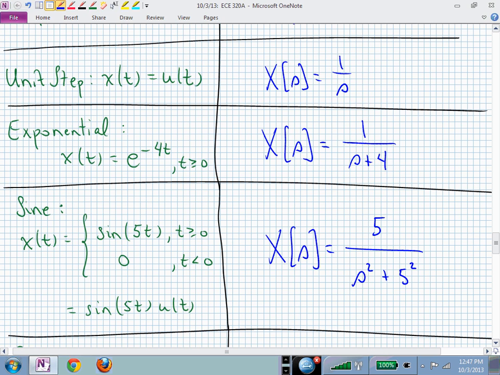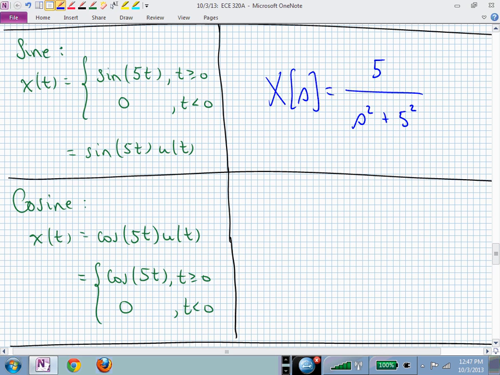Questions on that? If I gave you sine of t, then what would capital X of s be? 1 over s squared plus 1. Your omega is 1 in that example.